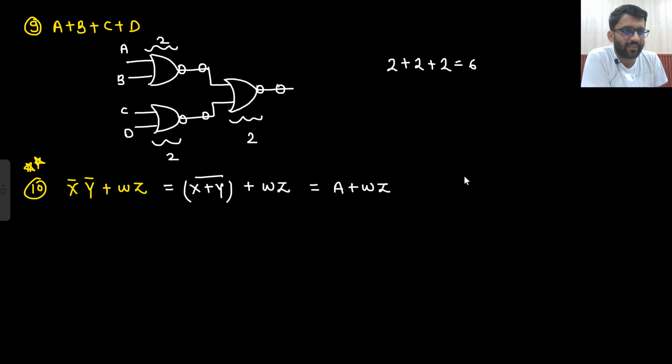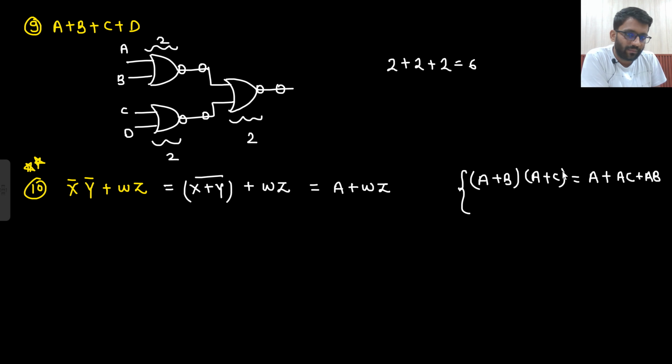Now in the Boolean algebra, I will teach you one thing. What is that? Let's see it here. A plus B into A plus C. If you solve it, what you will get? A into A is A only. A into C is AC. B into A is AB. B into C is BC. From here I can take A as common.